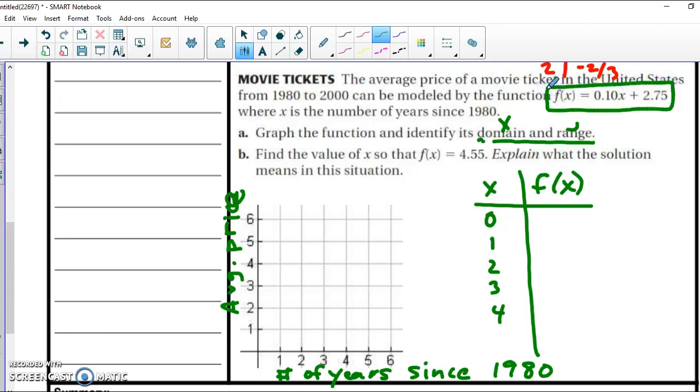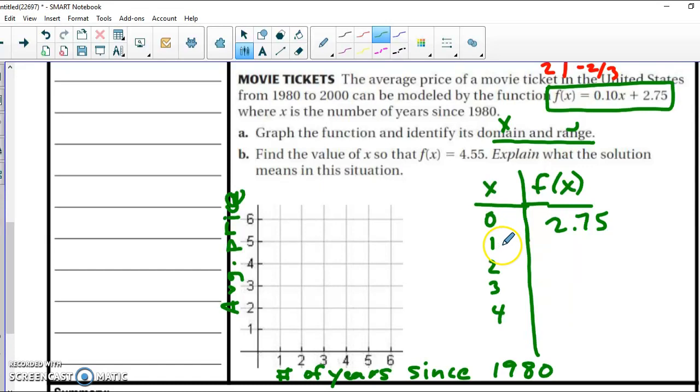That was a separate part. So our function says f of x equals 0.10x plus 2.75. If I put 0 into my function for x, then this cancels to 0 plus 2.75. So that gives me 2.75.